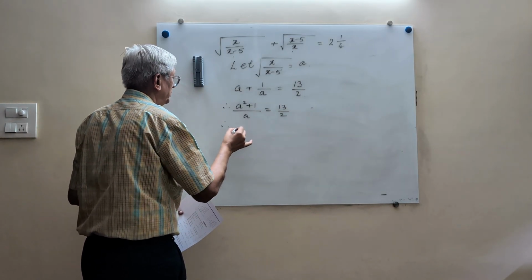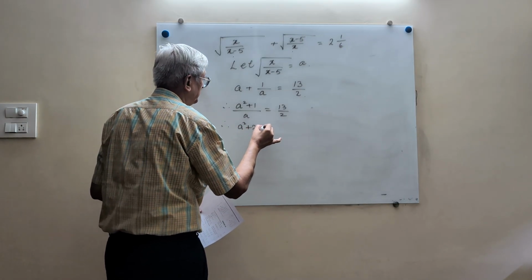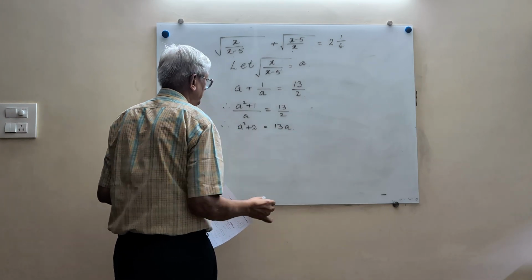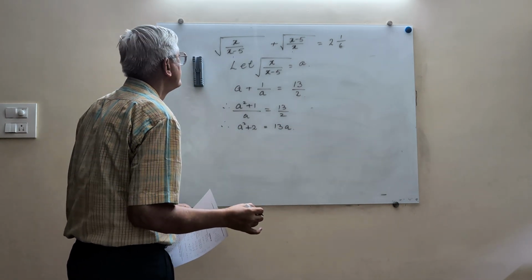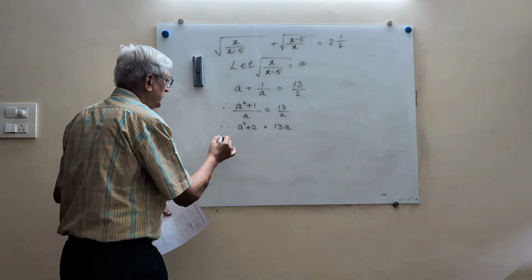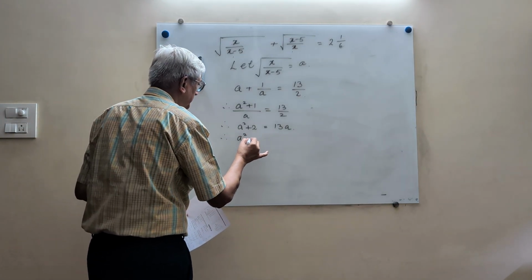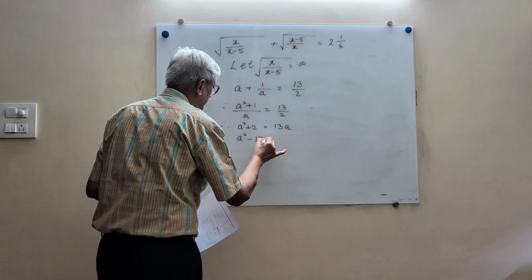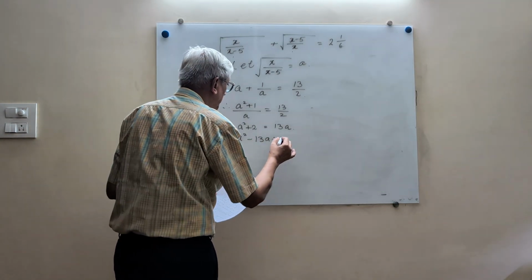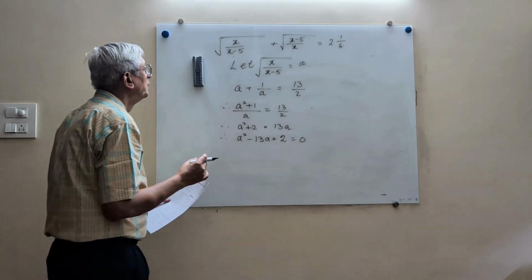Therefore, a squared plus 2 is equal to 13a. Therefore, a squared minus 13a plus 2 is equal to 0.